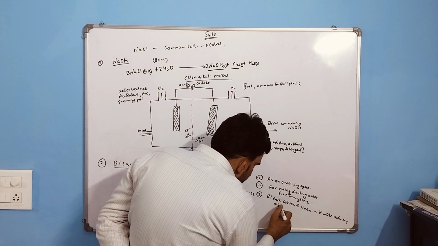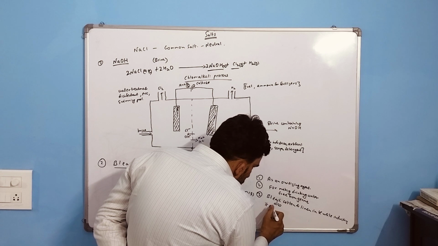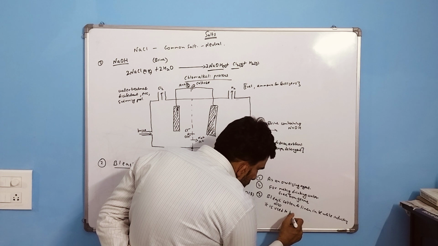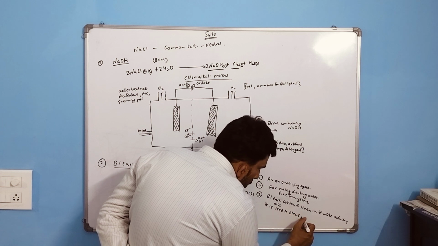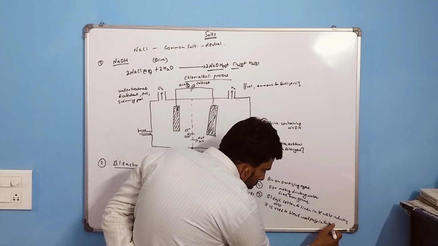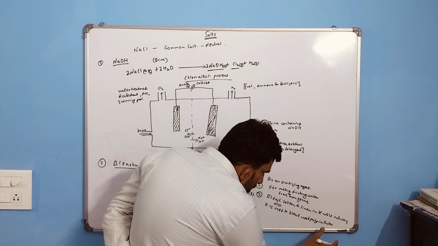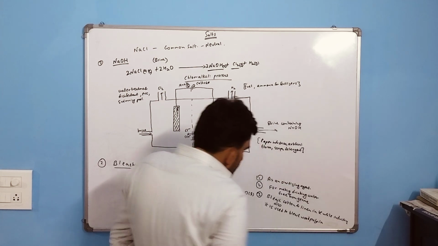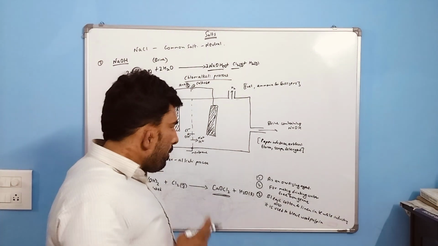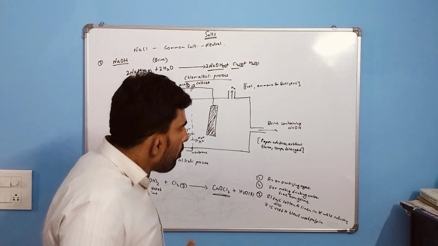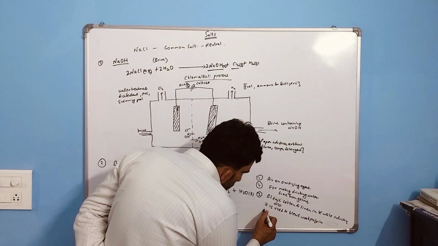Also, it is used to bleach wood pulp in paper factories.